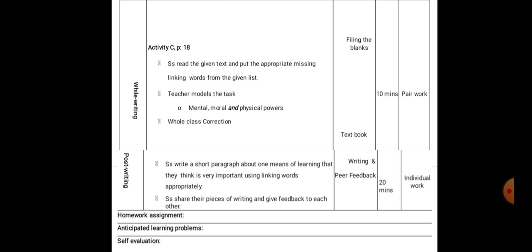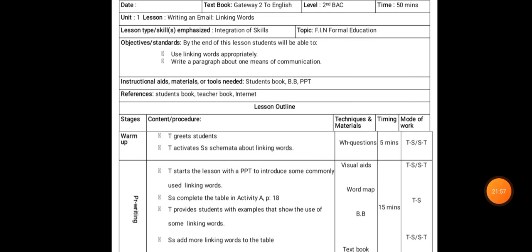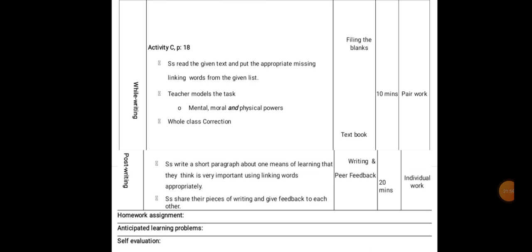The third stage, while writing, in this stage there is practice.